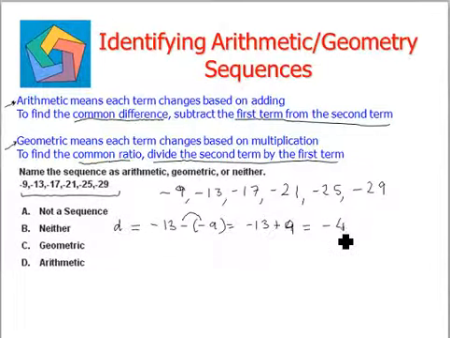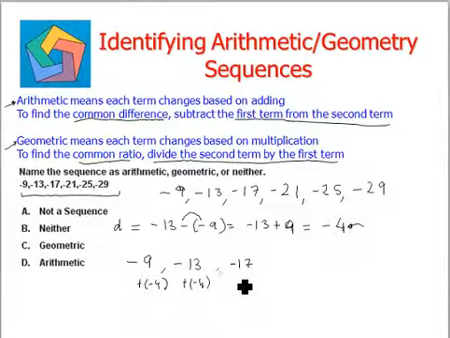Let's see if this common difference is added to each term, do we get the same sequence as given to us. The first term is -9, so we add -4 and we get -13. Now again we add -4 to -13, we get -17.